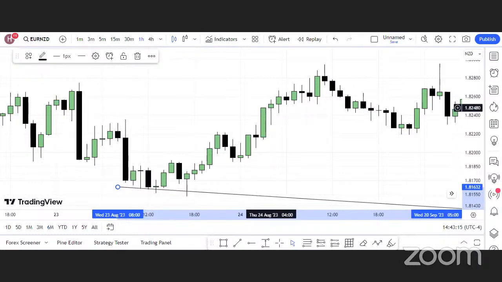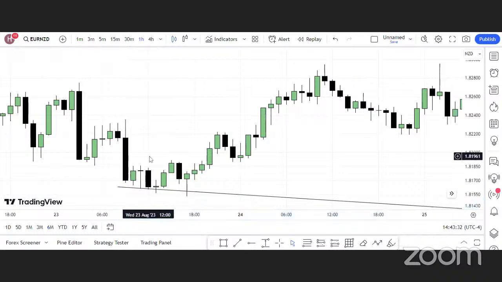So aside from this, I also got this confirmation. This is a beautiful confirmation that the market is going to go up. So let's assume after getting all of this, maybe I still wasn't comfortable with placing my buy trade. I'm feeling like, is this market going to go up? I'm not sure. But when I got this, it's a good indicator that the market is going to go up.